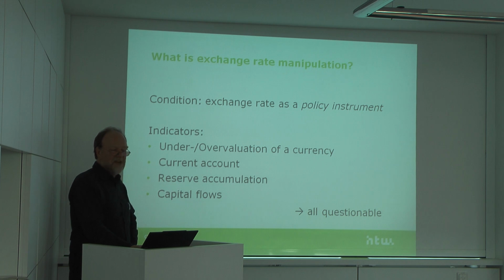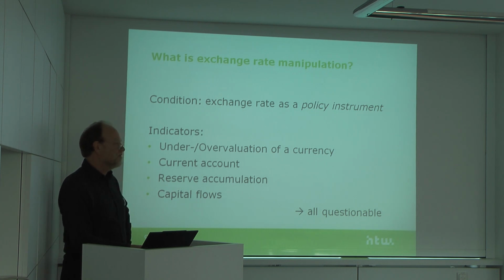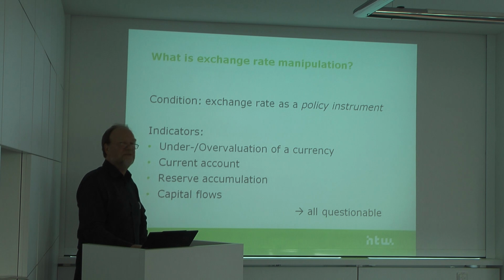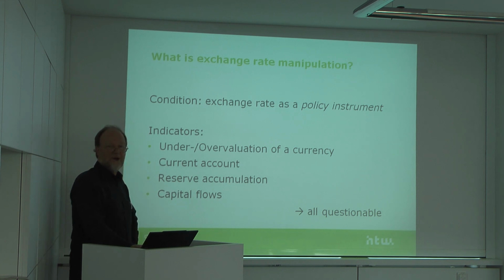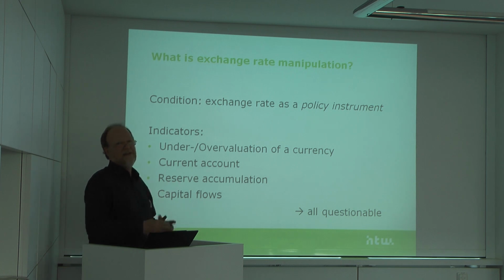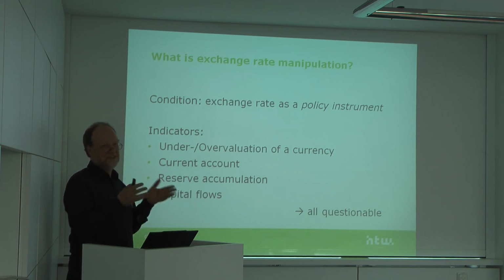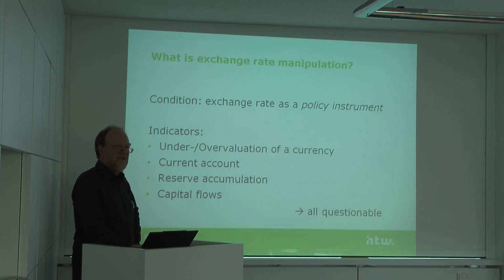For sure, we can speak of under- or overvaluation of currencies, but then we have to know what the correct exchange rate should be. As we discussed already two days ago, it is sometimes quite easy to say that if an exchange rate is out of line by a huge dimension, something is wrong here. But defining the correct exchange rate is quite difficult.